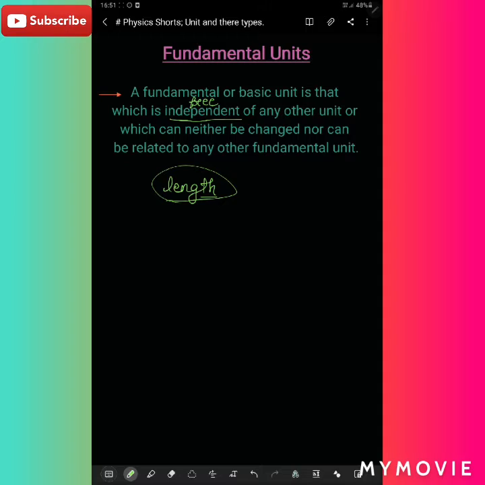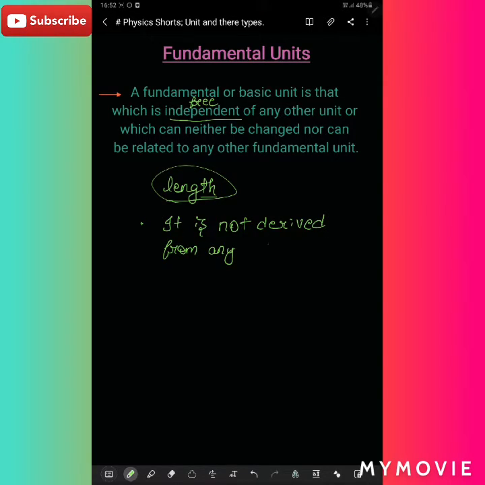It will never change, or it will never be related to any other fundamental unit. It is a simple unit which is not derived from any other unit. We can understand it in a simple point that it is not derived from any fundamental unit.